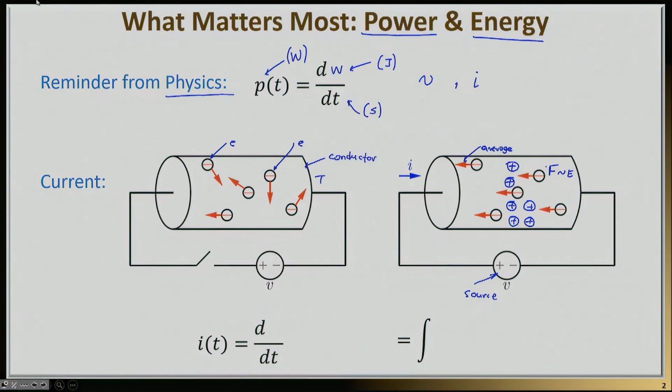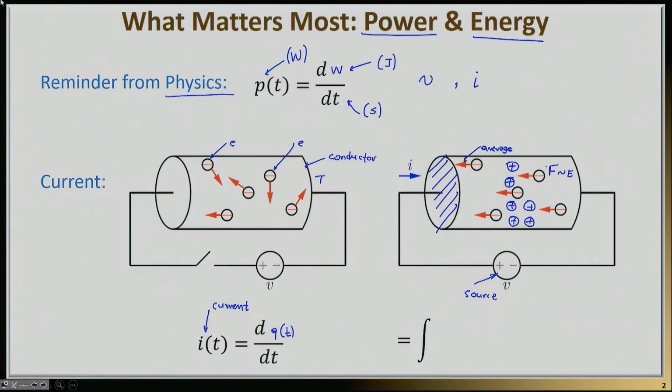So if you were to count how many electrons per second are moving to the left through the cross-section of this conductor, you would find exactly the amount of current that you have. In a slightly more precise sense, the current, which here I denote with the symbol I, is nothing else but the rate of change of charge Q that moves through a cross-section in time.